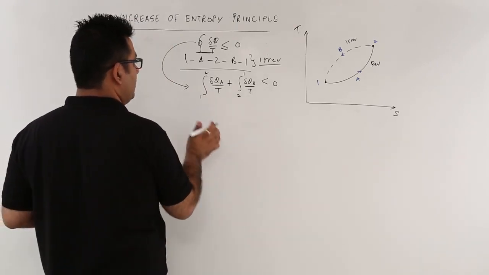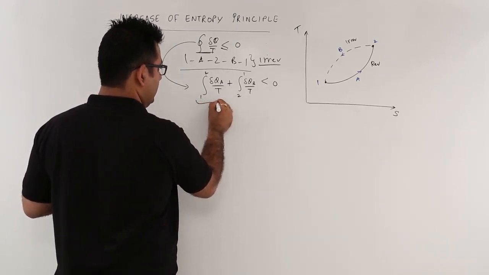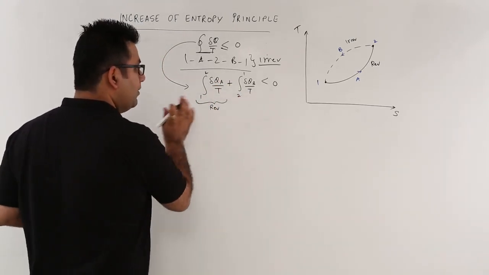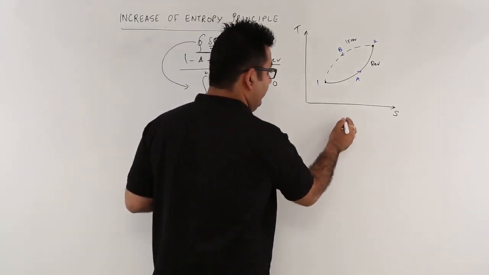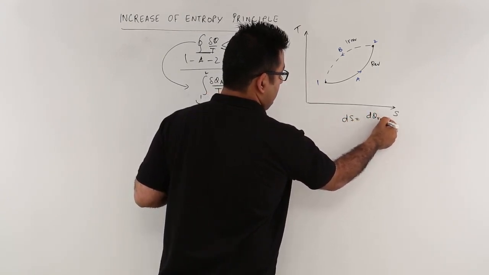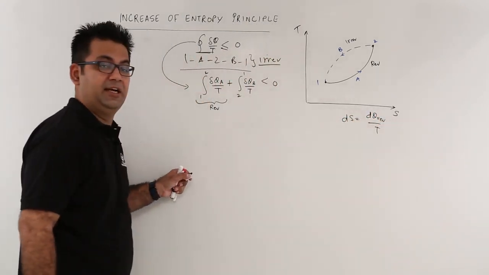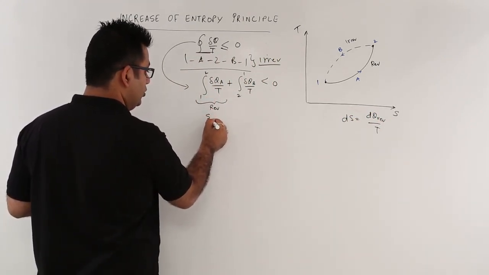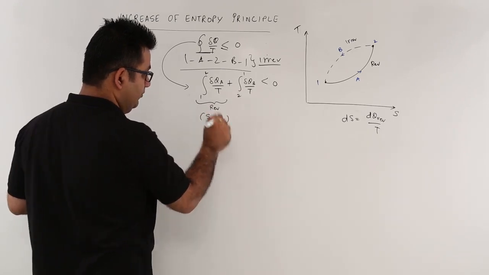Okay, now this is a reversible path. So for a reversible path, if you remember from the previous video, you get this, isn't it? So this is equal to S2 minus S1.